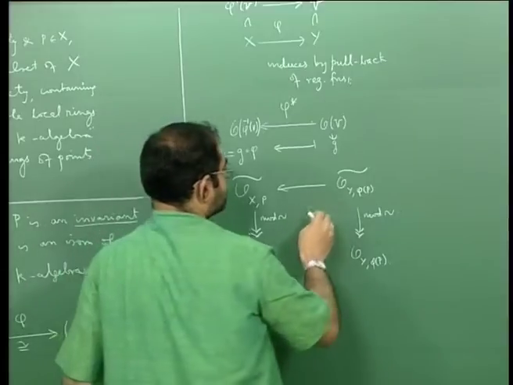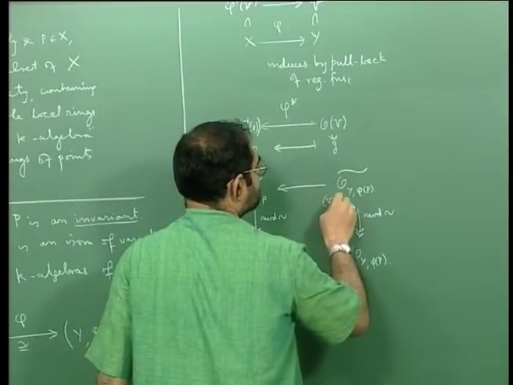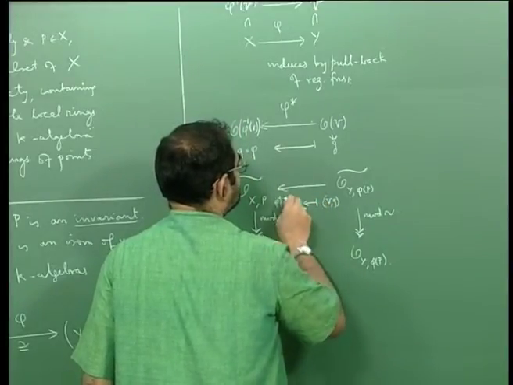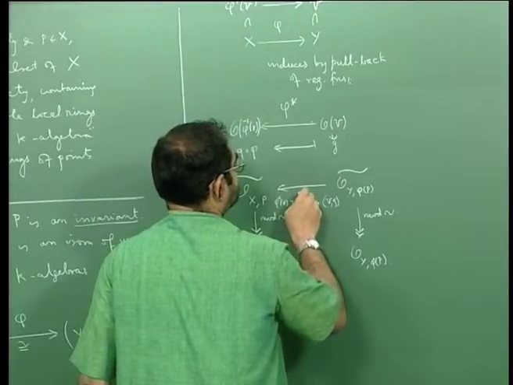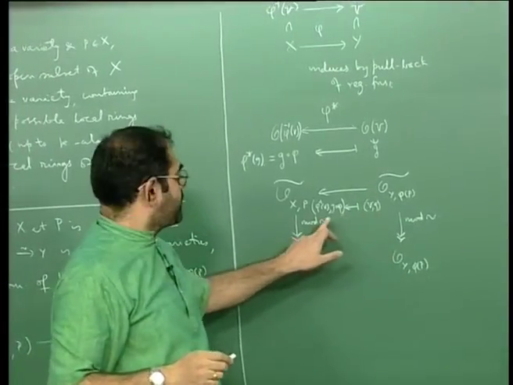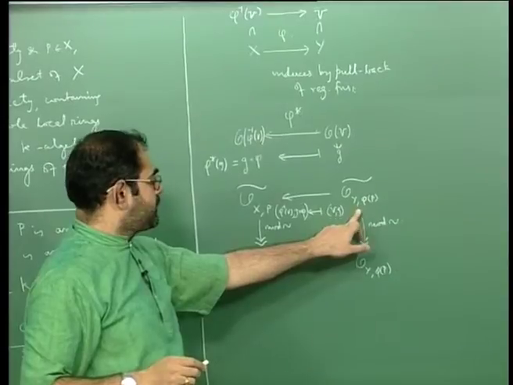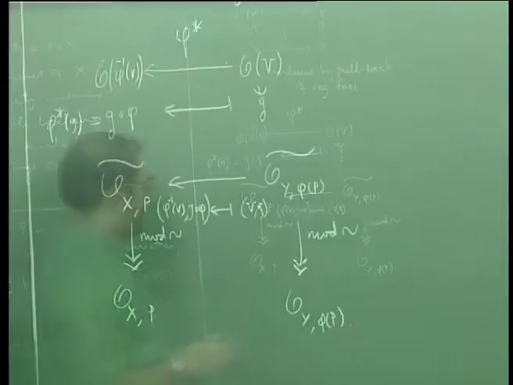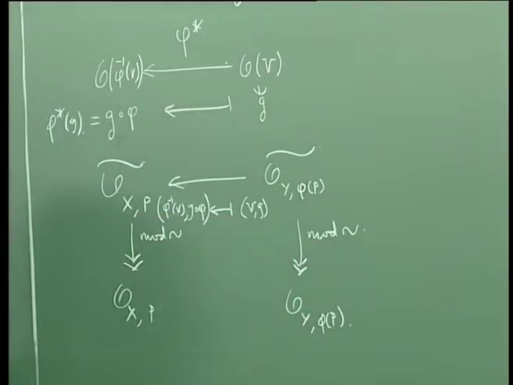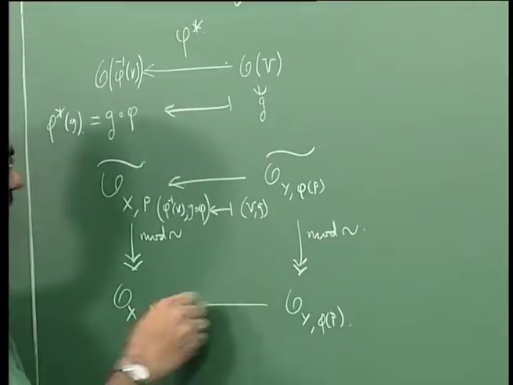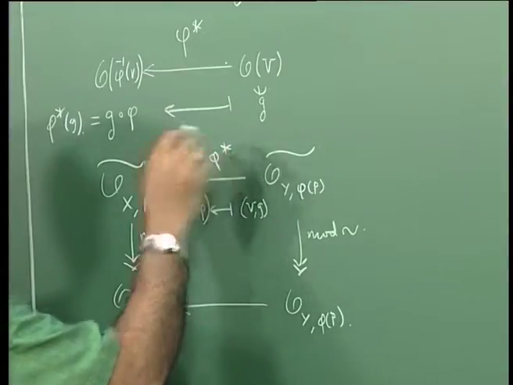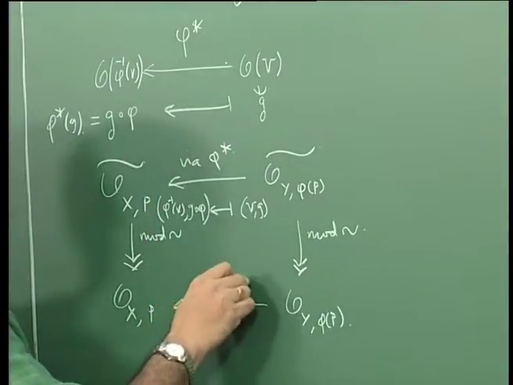Namely, if you give me a V comma G, it will send it to phi inverse V comma G circle phi. It is going to send a pair here to a pair here, and this is of course going to respect the equivalence relations, and therefore you are going to get a map like this. So this is via phi star, and this also via phi star.